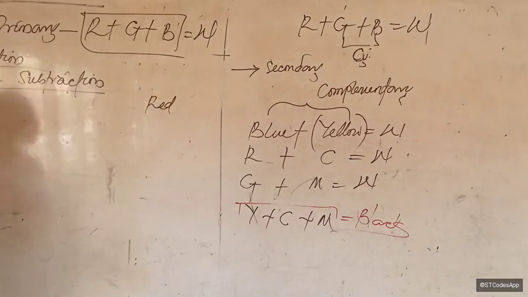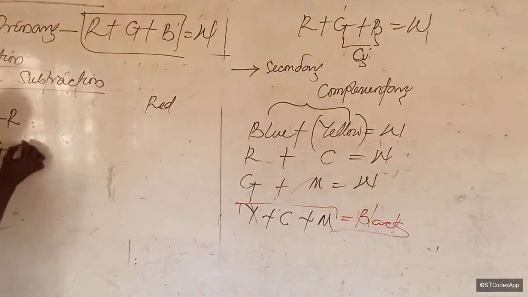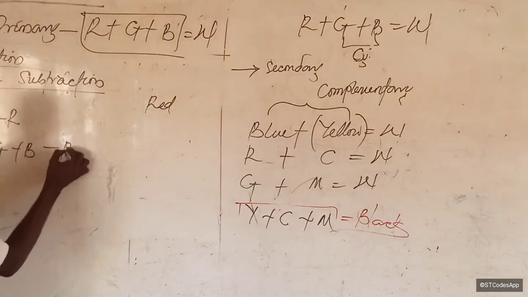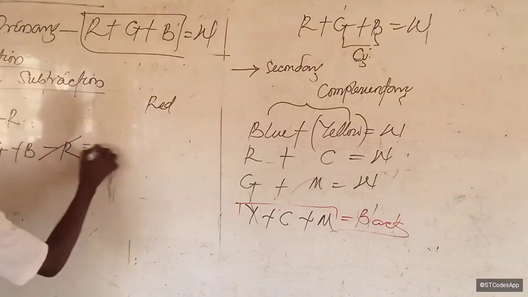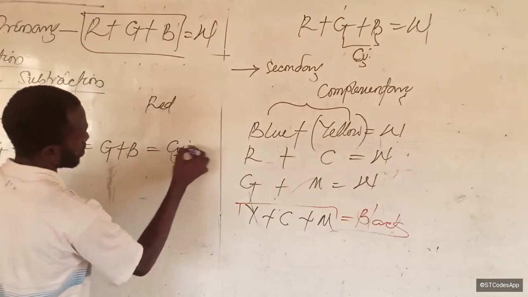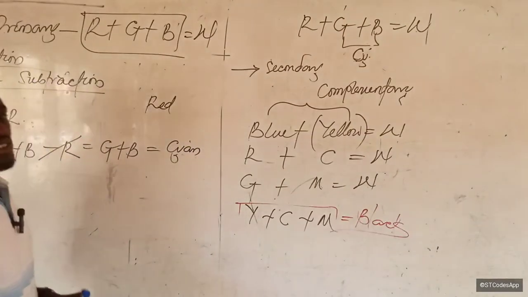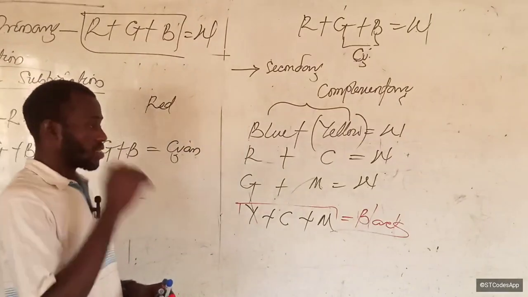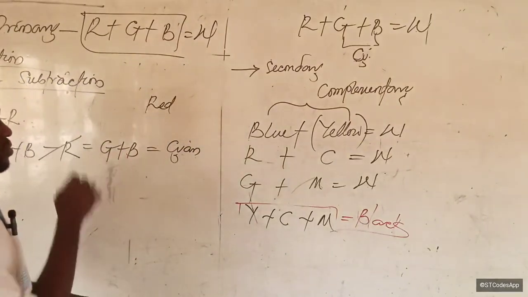It's basically the white light minus the red, and white is already R plus G plus B. So if you subtract R from that, R goes away, and what you have is G plus B. And what is G plus B? Cyan. So cyan is the color that shirt will exhibit.